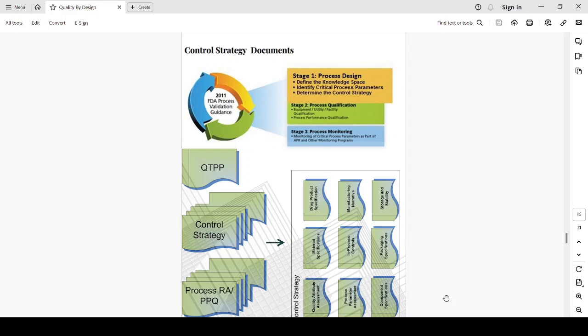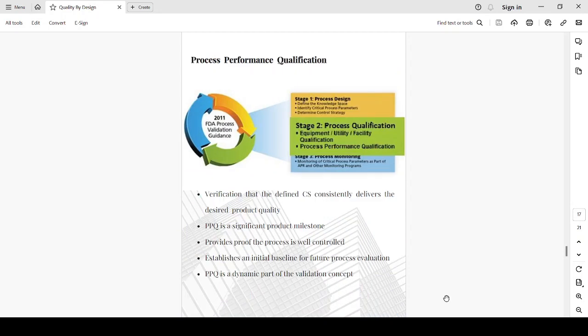In stage 3, it is monitoring of critical process parameters as part of APR and other monitoring systems. These stages are as per the 2011 FDA process validation guidance. In stage 1, it is process design. It defines the knowledge space and identifies the critical process parameters, which determine the control strategy.